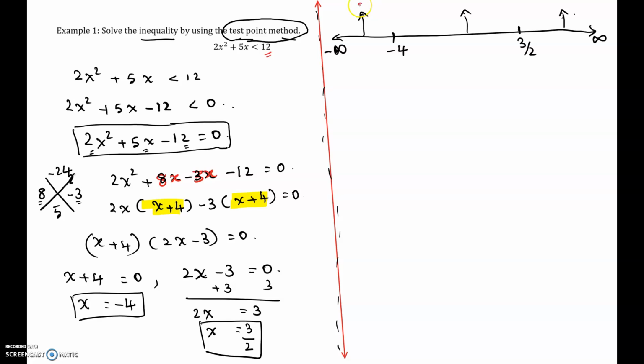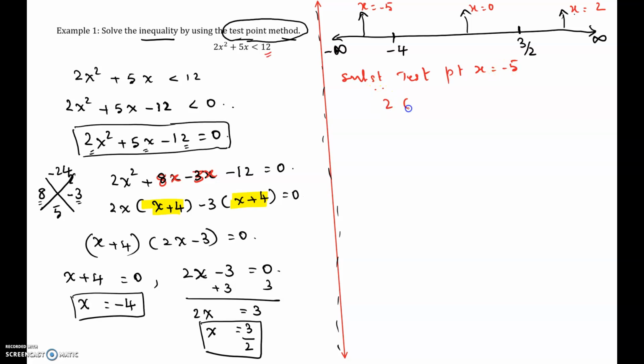So we are going to pick a number. To the left of negative 4, I'm going to pick negative 5. Then I'm going to pick 0 in the middle, and then, say, 2 in the last interval. So let's consider the inequality and substitute the test point into it.